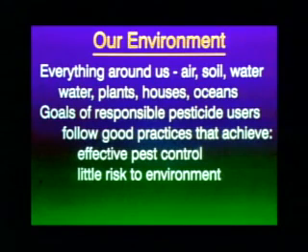Our environment, what is it? Well, it's everything around us, the air, soil, water, plants, houses, oceans. The goal of responsible pesticide users is to follow good practices that achieve effective pest control with little risk to the environment. One thing that we need to understand is the hydrological cycle.